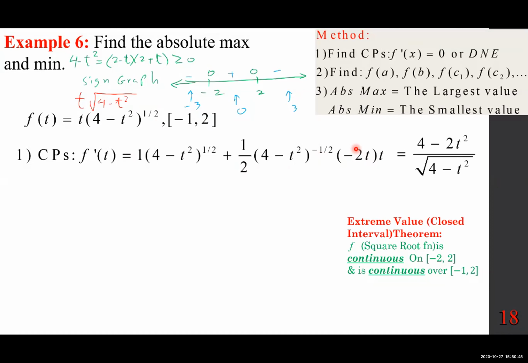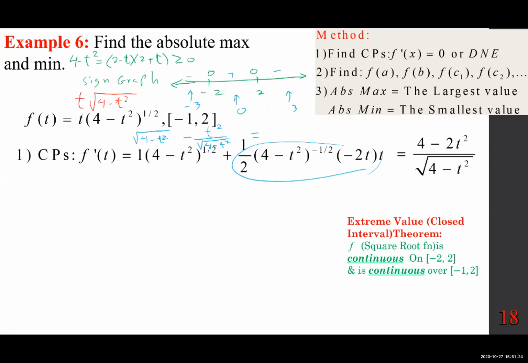How do you combine them? First, notice this is the square root. So let me just put it here. We have the square root of 4 minus t squared minus t squared over the square root of 4 minus t squared, this expression, okay?